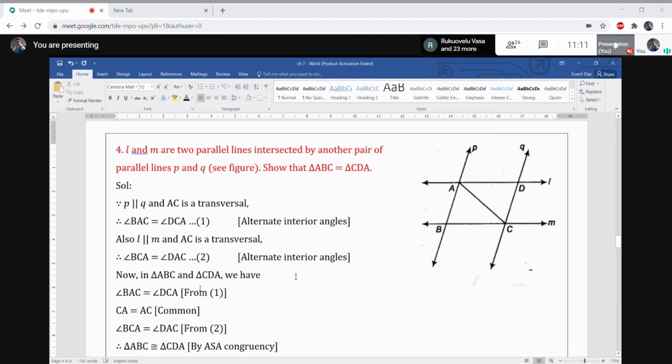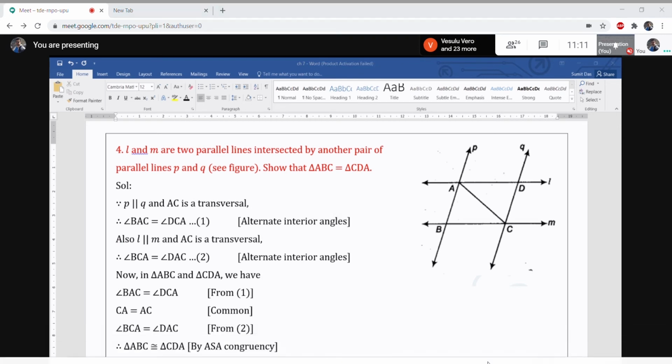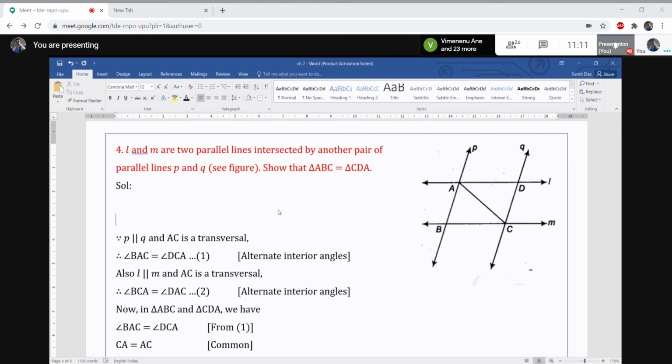Fine. Now consider these two triangles, ABC and ADC. We can write that BAC equal to CAD. We already proved this. If you don't want to write it here, you can write it on the side also. Here I forgot to write the given part.